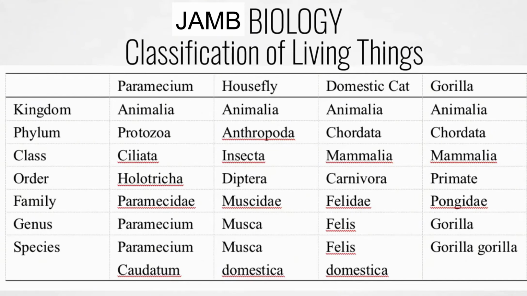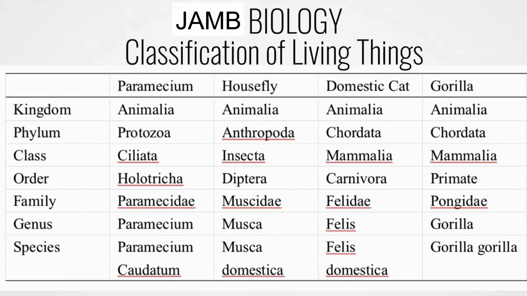Alright, for the class, paramecium belongs to the class Ciliata. The housefly belongs to the class Insecta, whereas domestic cat belongs to the class Mammalia, and that's same for gorilla, Mammalia.